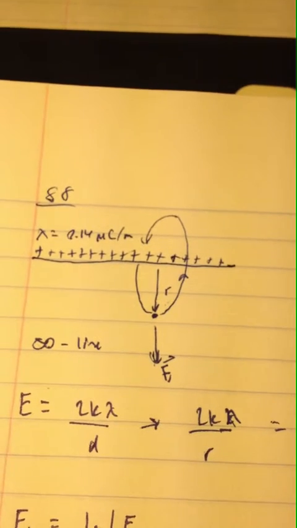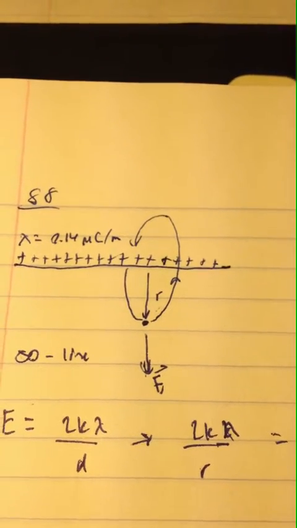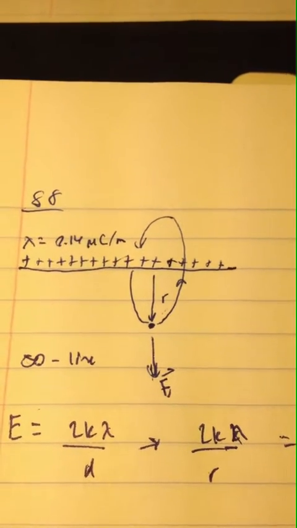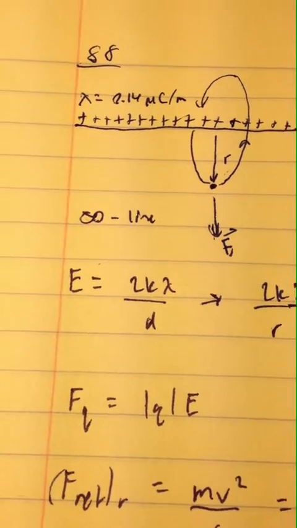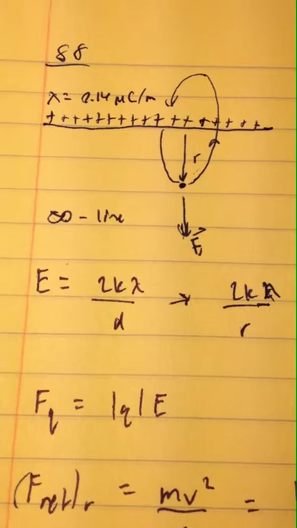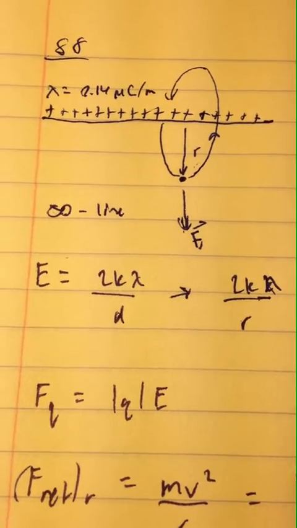Because we are dealing with an electron in an electric field, a charged particle moving through an electric field, the force is equal to the charge of the particle times the electric field.